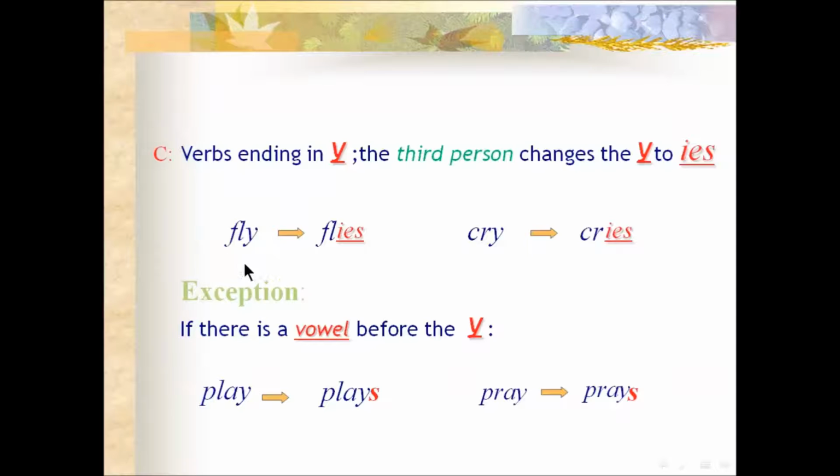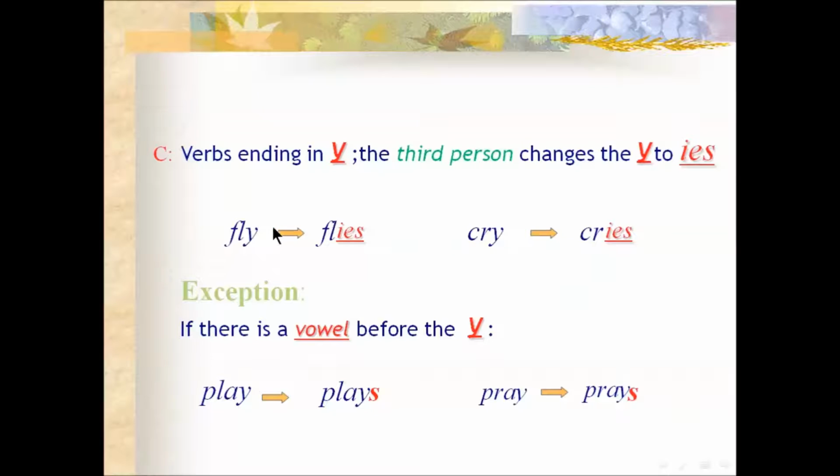When this kind of verb is used with the third person singular, for example he, she, it, or a person's name, you have to change the y into ies.